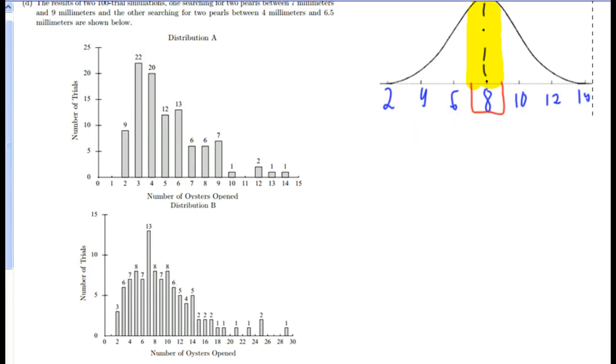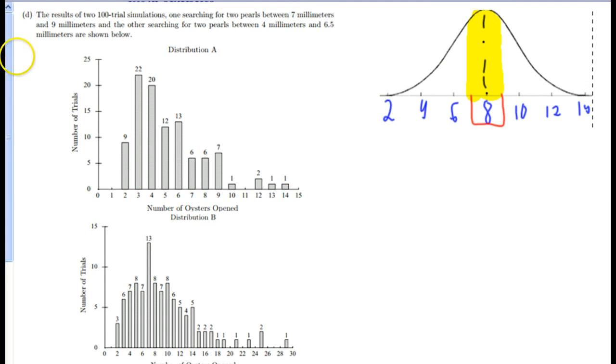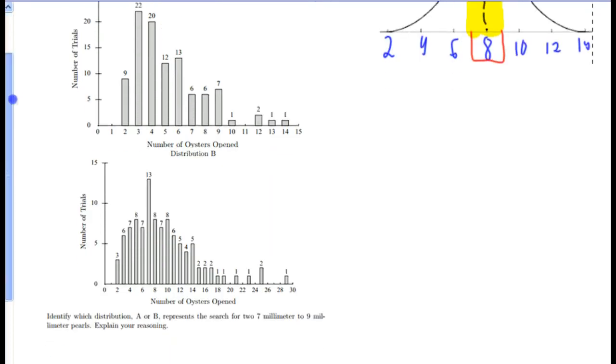Okay, sorry about that. Ignore that for a second. So what this is asking, and it's kind of a difficult question, is which one is between 4 and 6.5? Well, the question is, identify A or B, represents the search for 7 to 9.